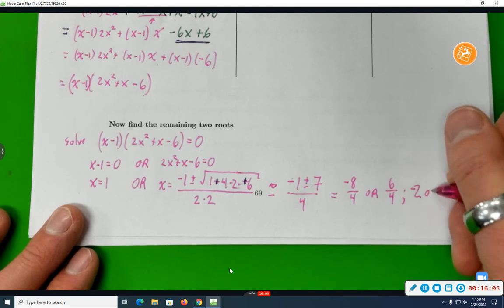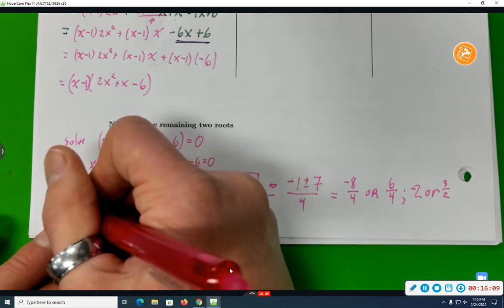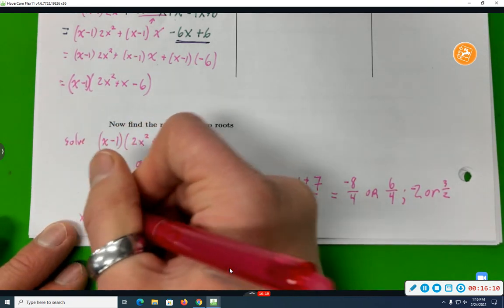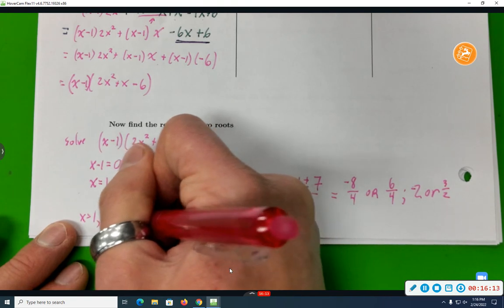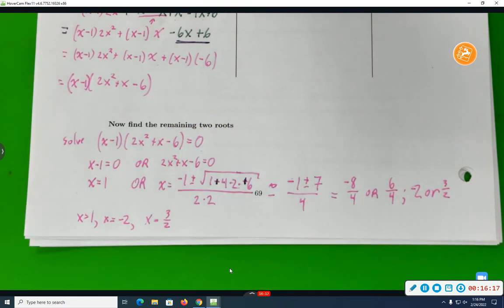Negative 2, or 3 halves. So we found all the solutions: x equals 1, x equals negative 2, and x equals 3 over 2. Since it's a degree 3 polynomial equation, that's the greatest number of solutions we could possibly have, so we know we found them all. How did that feel? That seem natural enough? Cool.